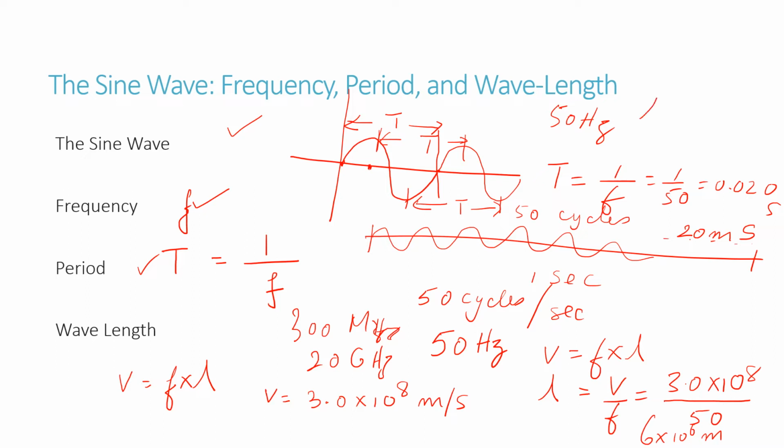We can say that the wavelength will be equal to 3.0 times 10 to the 8 divided by 20 times 10 to the 9, and that comes out to 0.